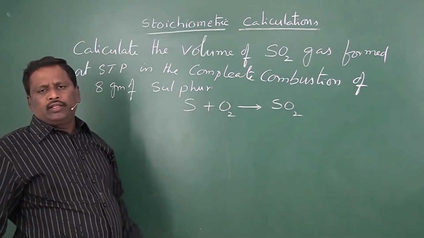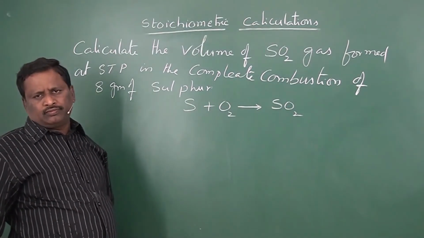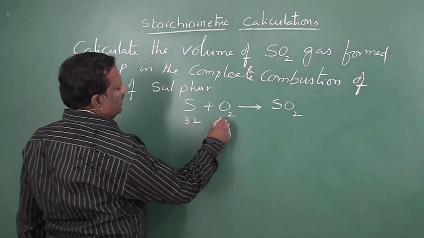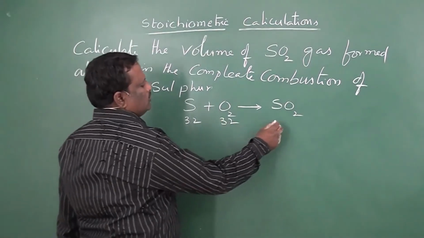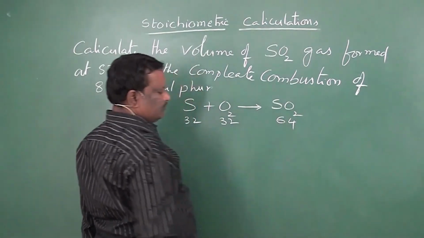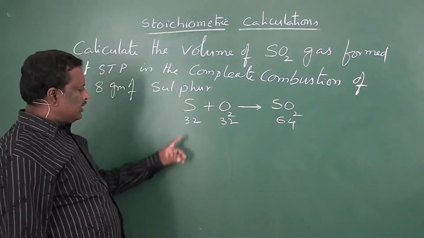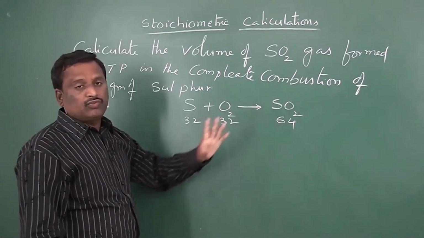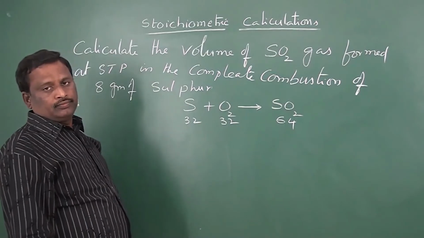Now, you can apply the stoichiometric proportions. Here, 32 units of sulfur react with 32 units of oxygen to give 64 units. That means 32 grams of sulfur will burn in presence of 32 grams of oxygen to give 64 grams of sulfur dioxide.